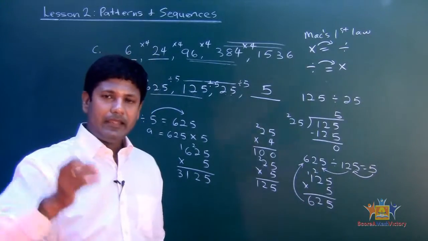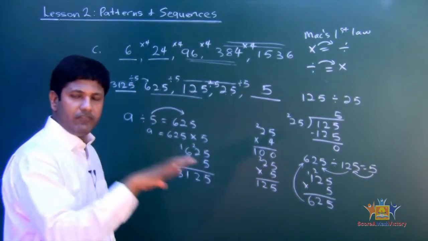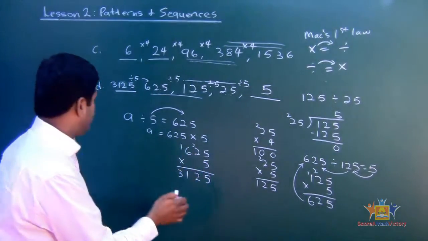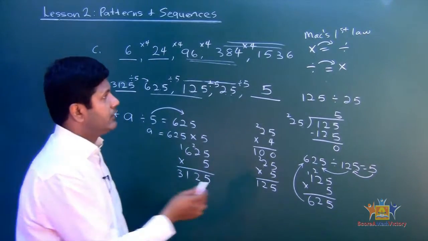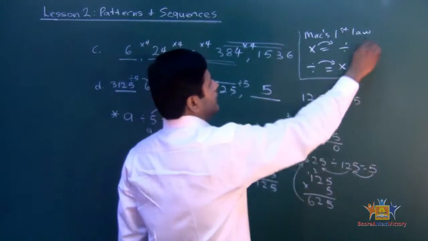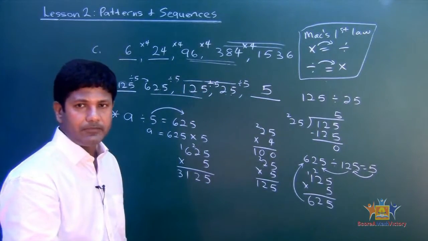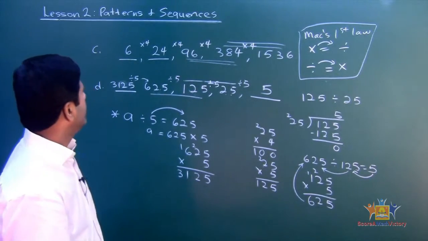Now again, if you think you're struggling somewhere, just go back. Rewind the video and watch it again, alright? Go through what Mr. Mac said, especially if you're not sure about Mac's first law. Multiplication cross the bridge becomes division, division cross the bridge becomes multiplication. Kind of like we did over here.